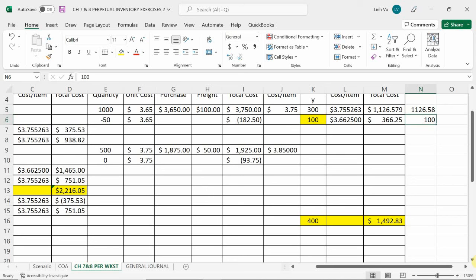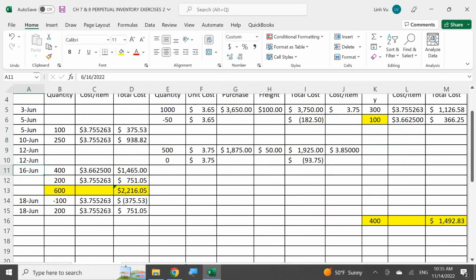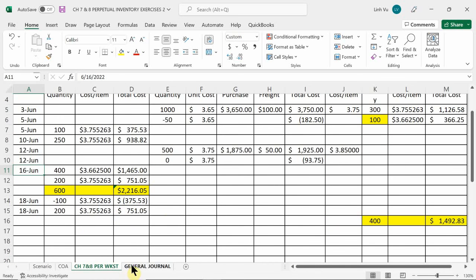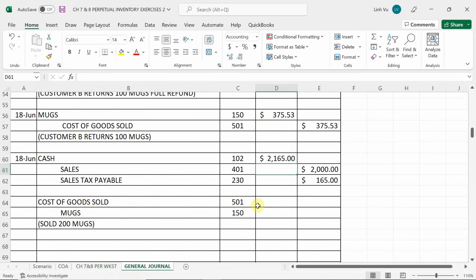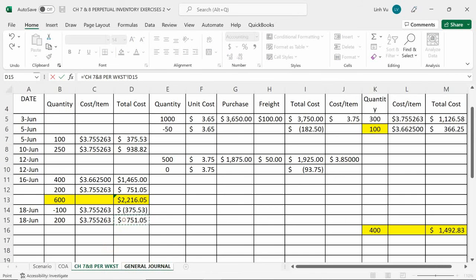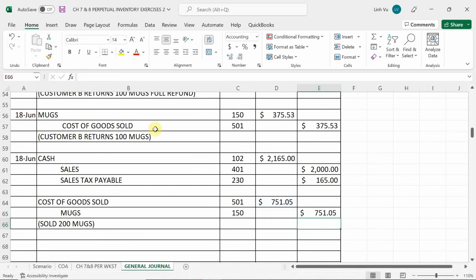So that should be true, right? That should round up to 58. Okay? All right. So therefore, it costs you $751.05 to sell 200 units. Okay?